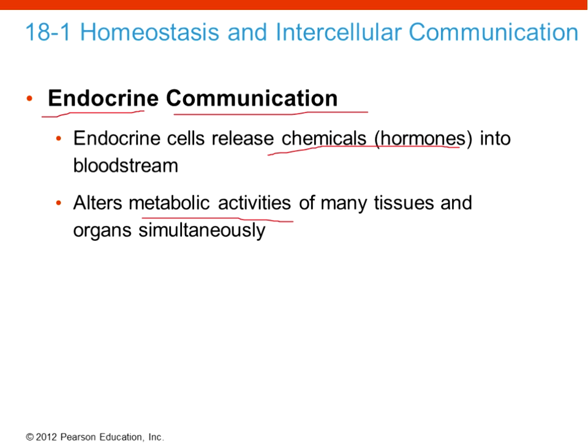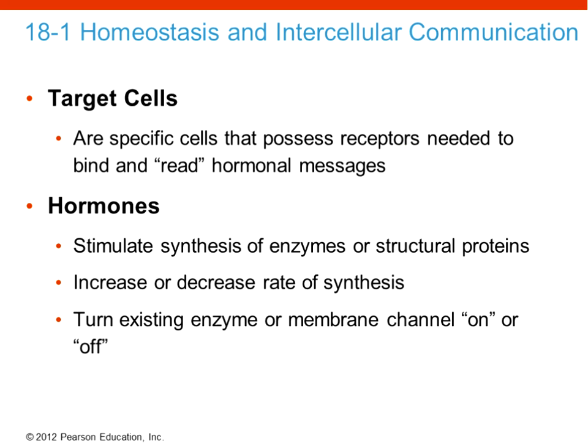It's going to promote the GLUT4 transport protein that's going to pull sugar into its target and out of the bloodstream. It provides a very valuable benefit for the body by lowering the amount of sugar in the blood. So it's using these chemicals to alter metabolic activities of the target. And target cells are specific cells that have the ability to read the hormonal message, what it's saying.